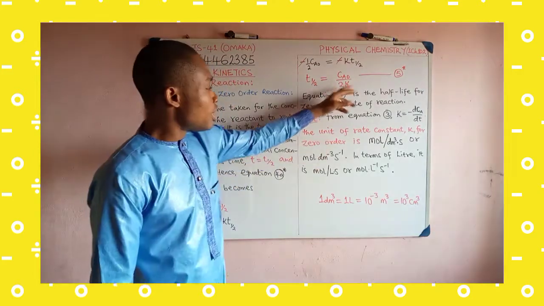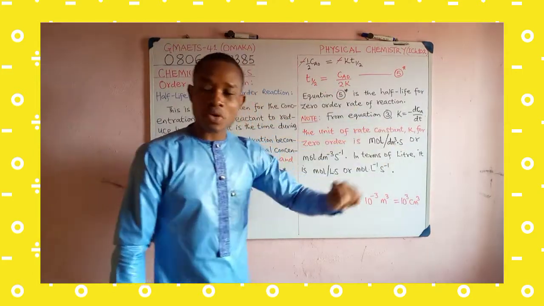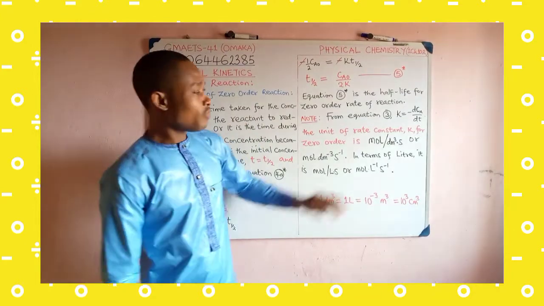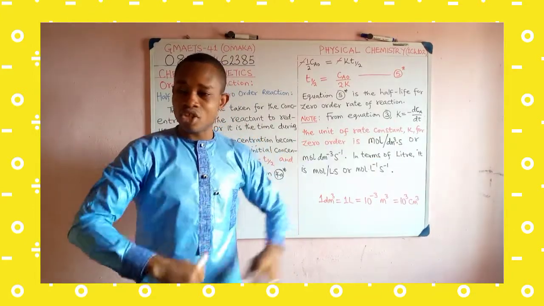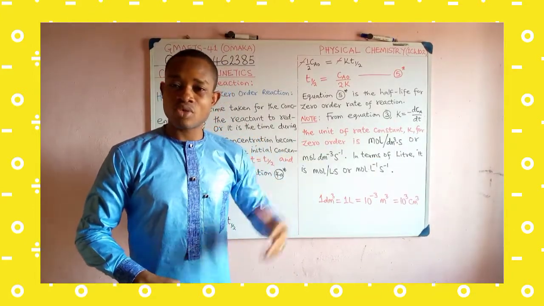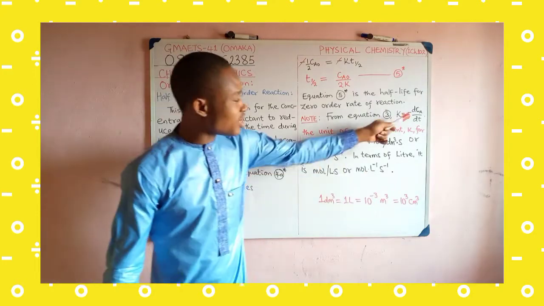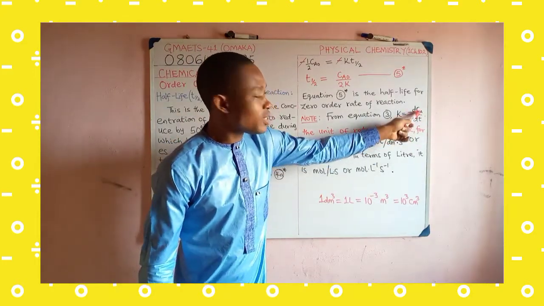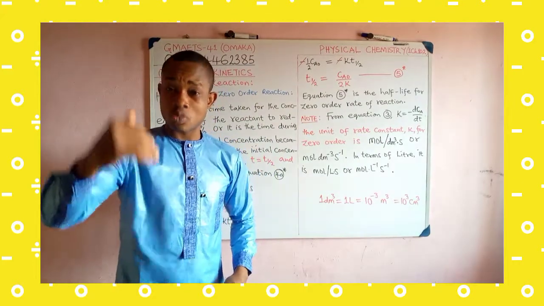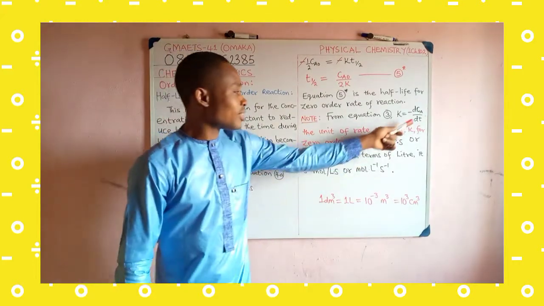Now what's the unit of the rate constant K for zero order rate of reaction? Judging from equation 3, which we have initially, that is the differential rate law for zero order, you notice that it is dCA over dt. Ca is concentration, moles per dm cube or moles per liter, and then time in seconds.